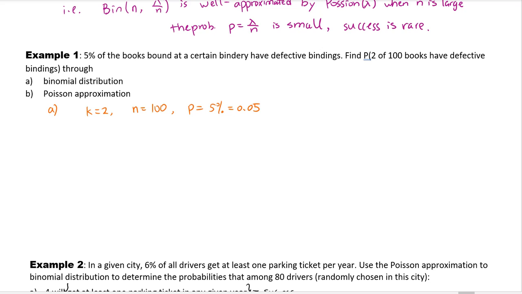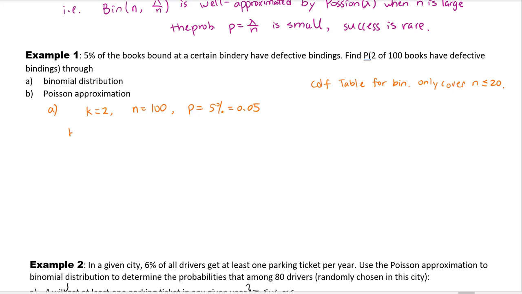Either use the Pmf, which is a formula, or we can use the CDF. But the CDF table for the binomial distributions only covers n up to 20. In this problem, n is 100, so we cannot use the CDF table to compute.